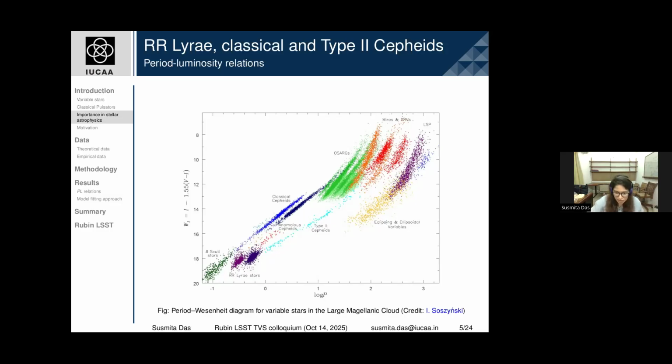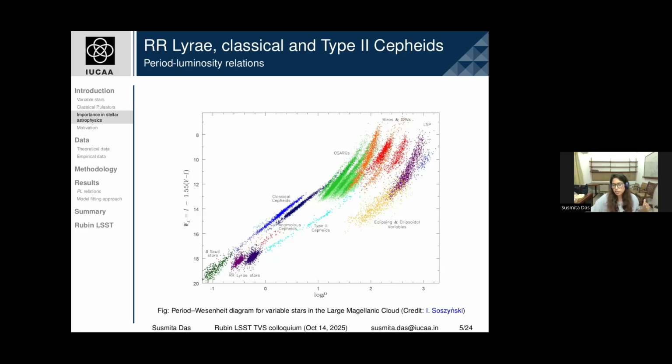The next thing that we see here is that the PL relation obeyed by type 2 Cepheids follows the same PL relation as occupied by the RR Lyrae stars. So this is very useful because typically we use classical Cepheids for extragalactic distance measurements, right?